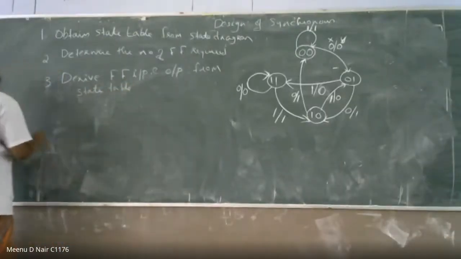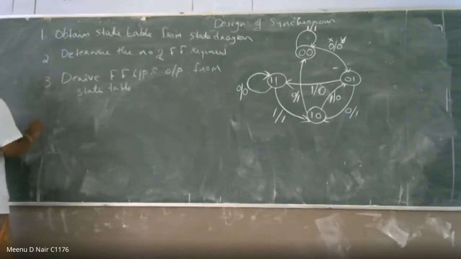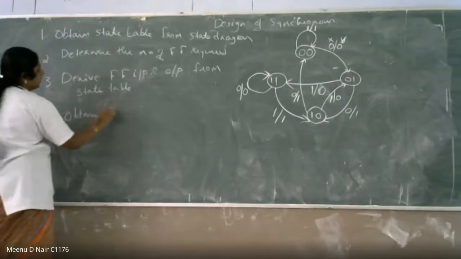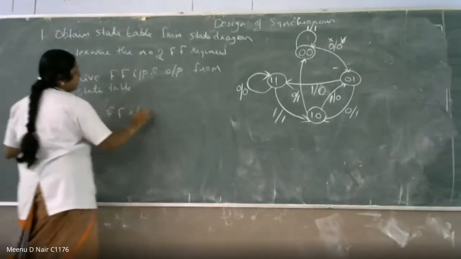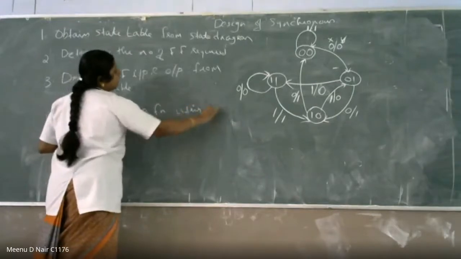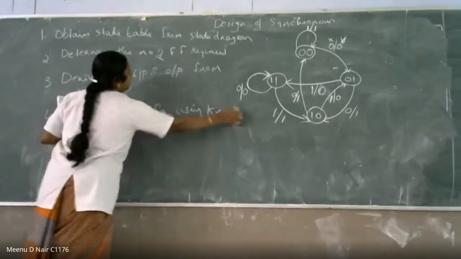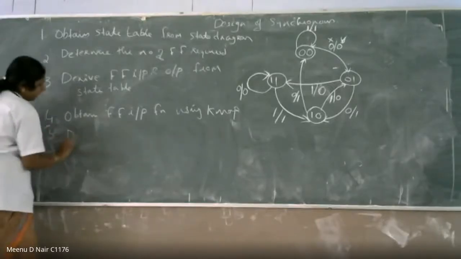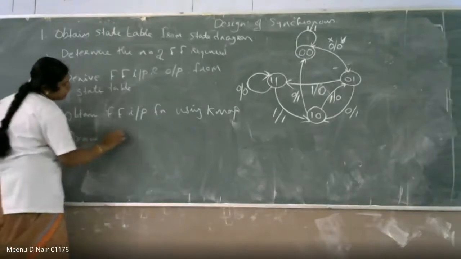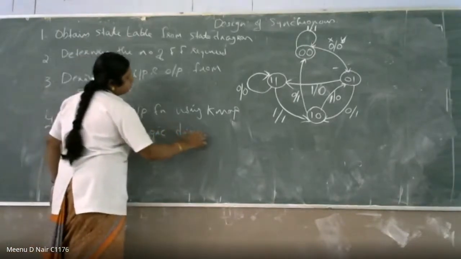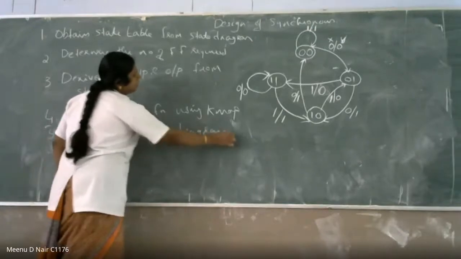Then the fourth point is obtain flip-flop input function using K-map. And the last point is draw the logic diagram.